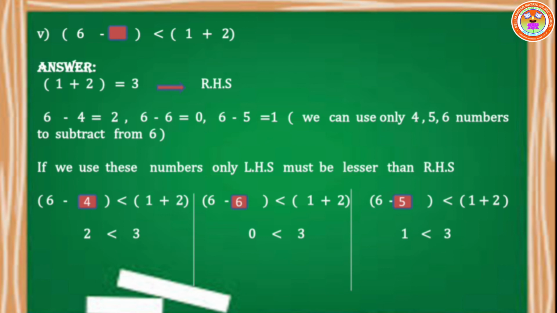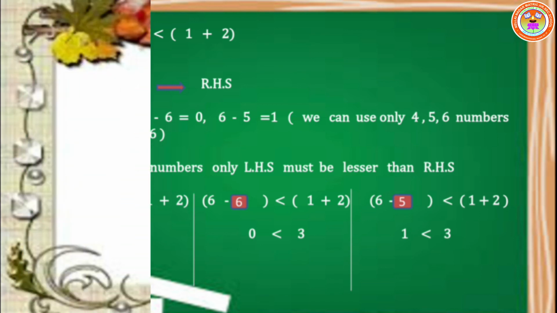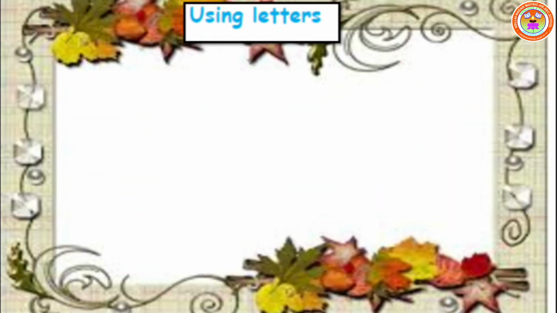So 1 is less than 3. Students, for this problem you will have 3 answers. You can take 4, 5 or 6. The option is yours. Is it clear? The answer I have chosen here is 4. With this, the equality and inequality concepts are over.